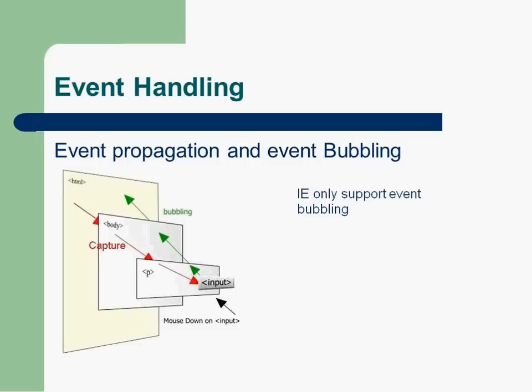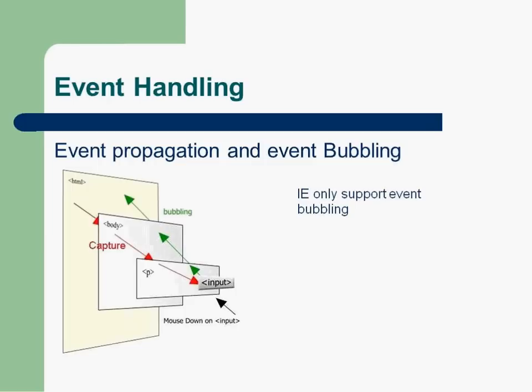Let me tell you how it happens. For example, if you have opened some drop down menu and then you click somewhere else on the page, your menu goes away. Your event is happening somewhere else, but you need to inform the menu that it should disappear now.